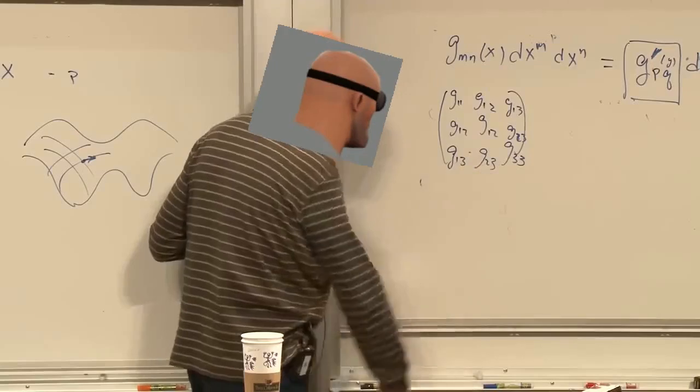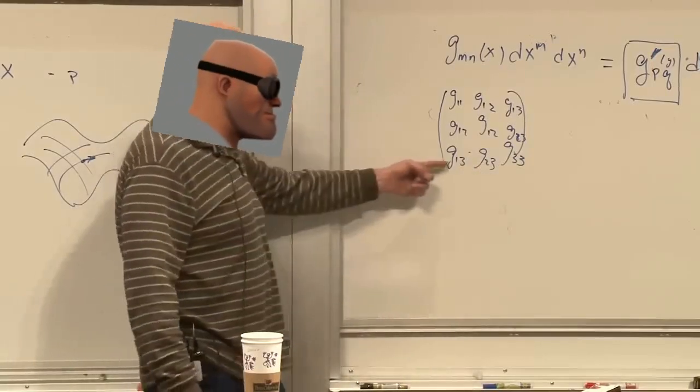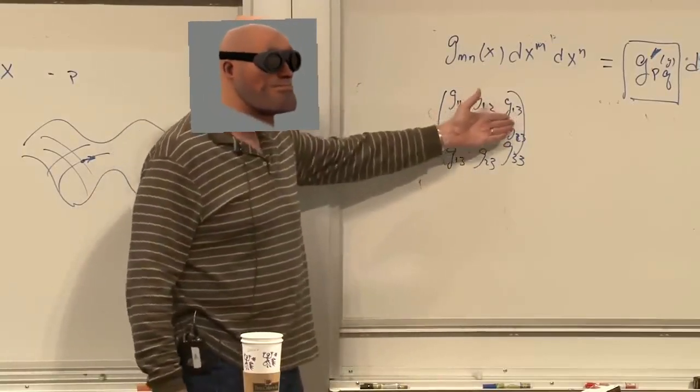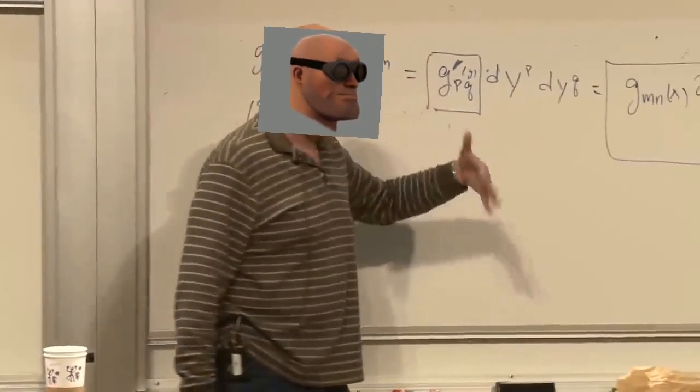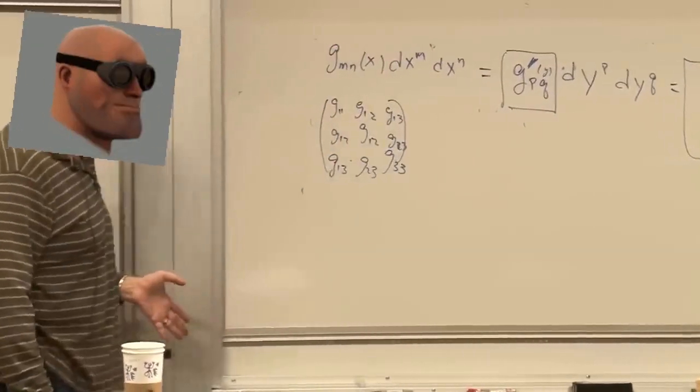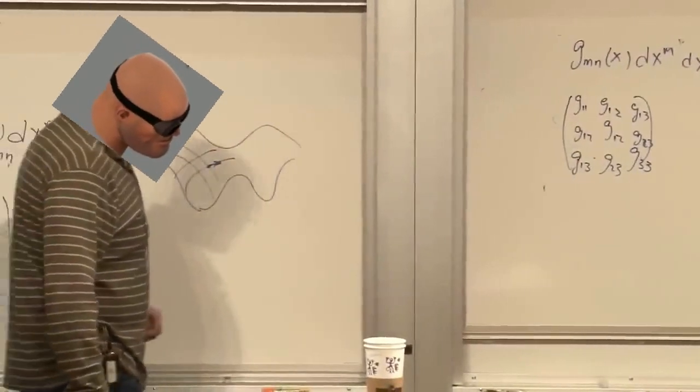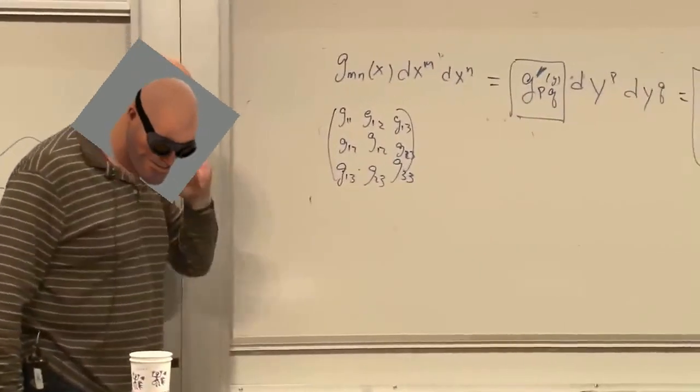You can call this G31, but it might as well be taken to be equal to G13 because dx1 times dx3 is the same as dx3 times dx1. So you can just take it to be a symmetric matrix.